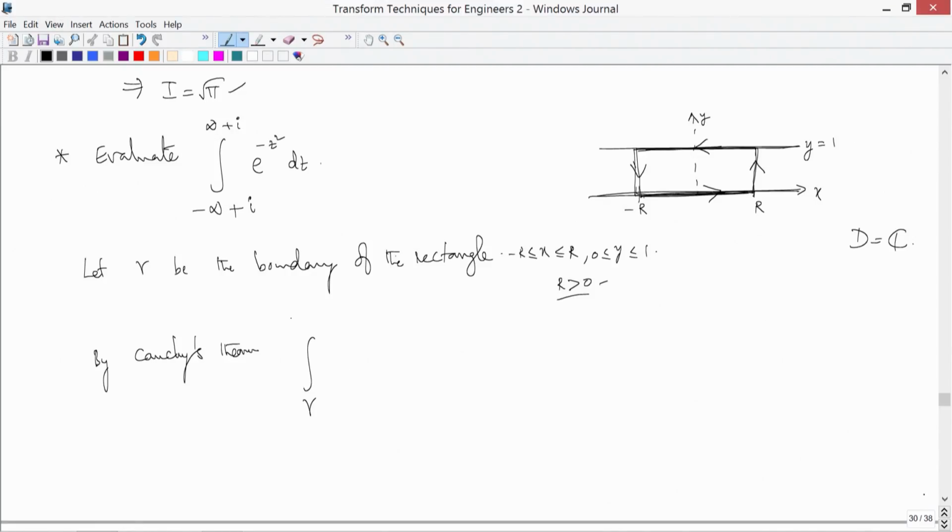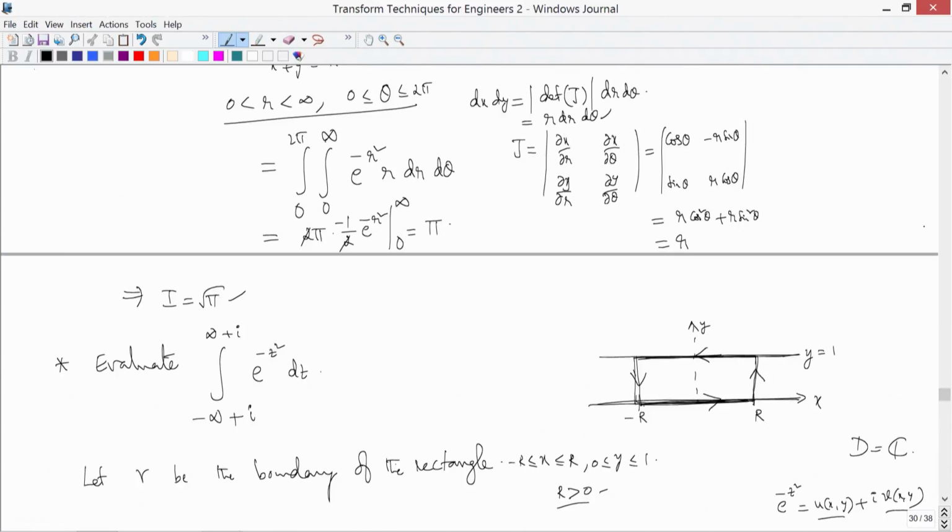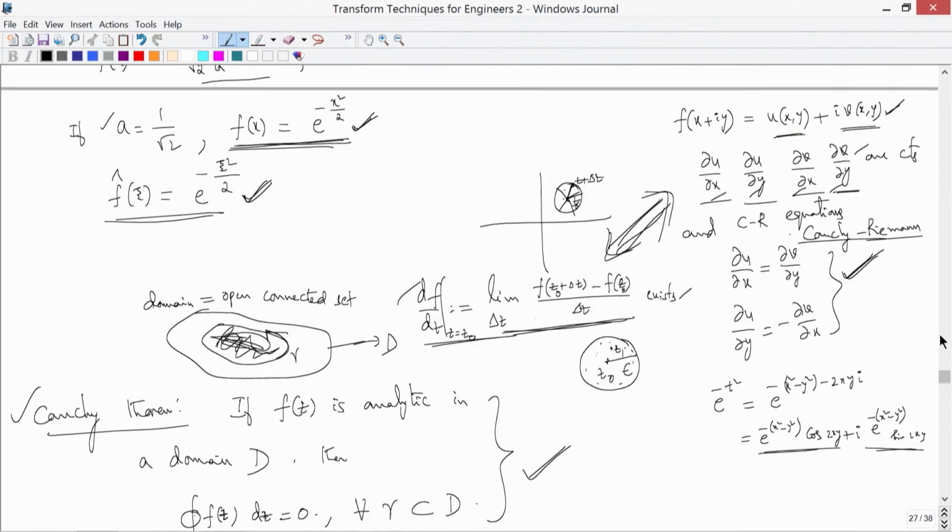Now, my f of z is e power minus z square, which is a differentiable function, because you can write e power minus z square as u of x y plus i times v of x y, and u and v have partial derivatives that are continuous functions of two variables, and they satisfy those two equations that I gave yesterday.